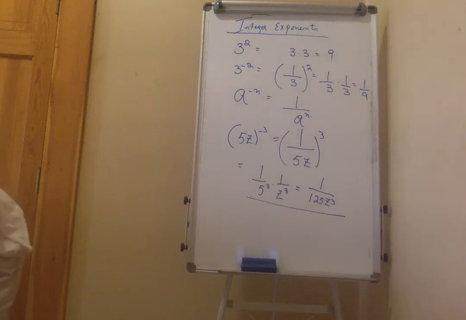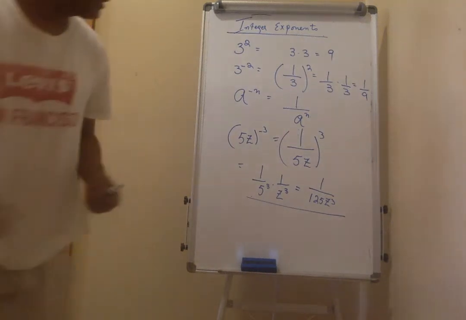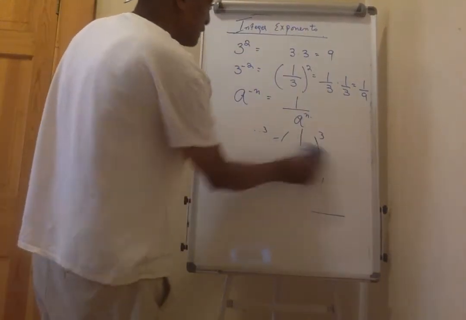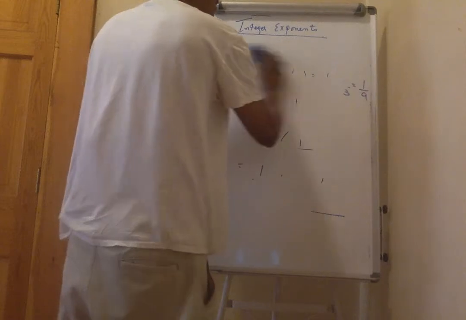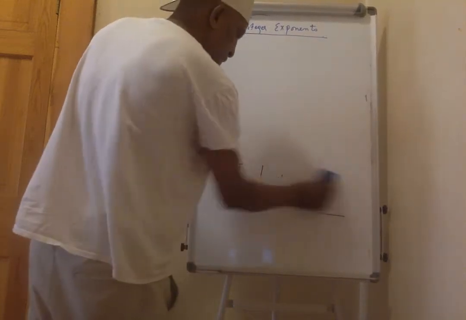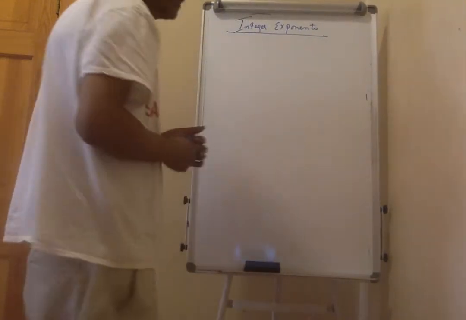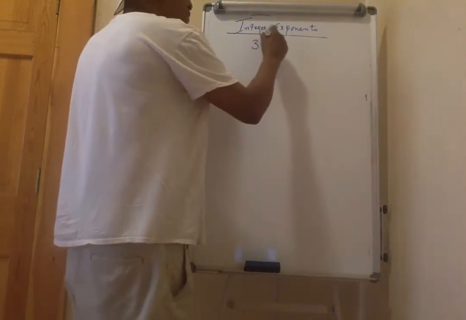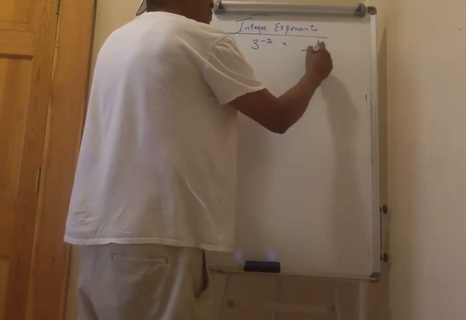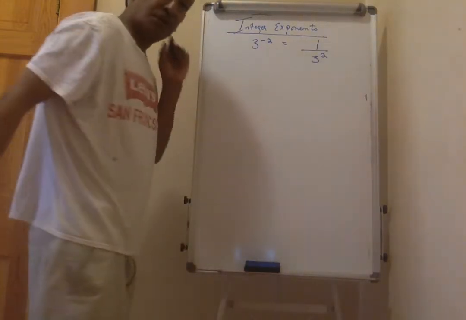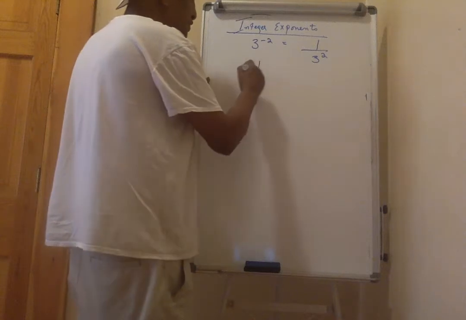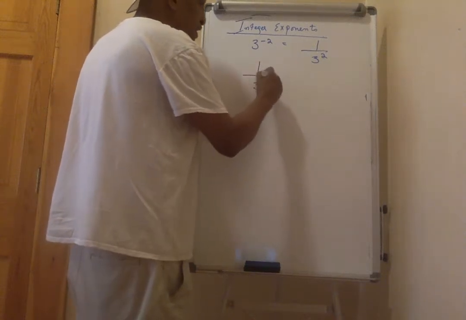Now conversely, suppose I have 3 to the negative 2, I said it is 1 over 3 to the second. But conversely, what happens if I do 1 over 3 to the negative 2?